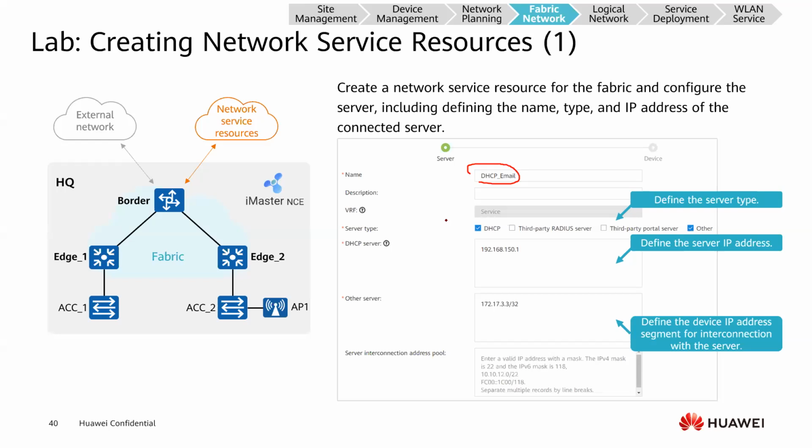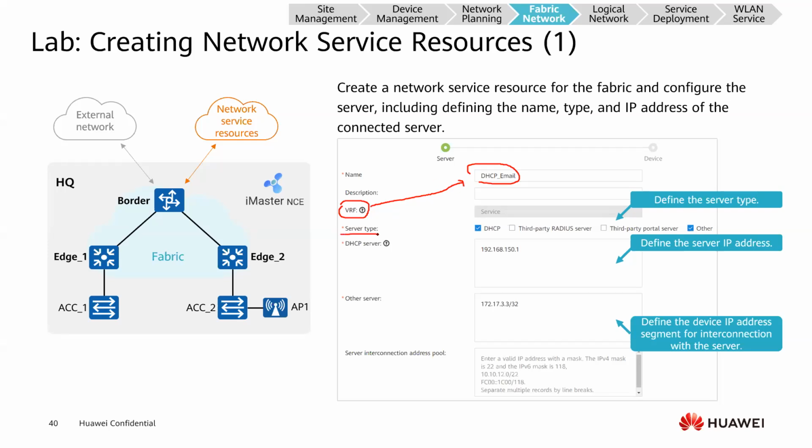Do you remember we talked about it yesterday? For each network service resource, it will create a specific VPN instance and a static route binding the VPN instance to the network service resources. So the VIF is used for the specific network service resources.